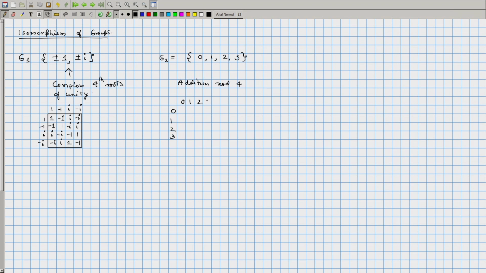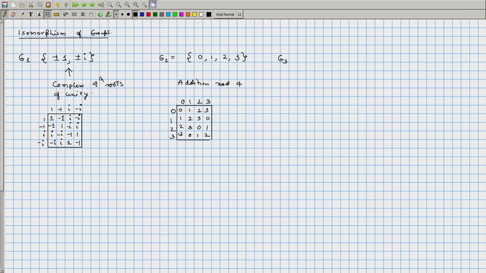The identity in this case would be 0. 1 plus 1 would be 2, 1 plus 2 would be 3, 1 plus 3 will be 4, which mod 4 is 0. So, both these are groups with 4 elements.